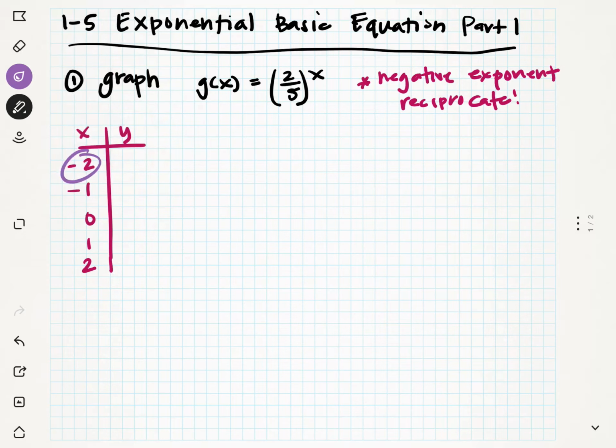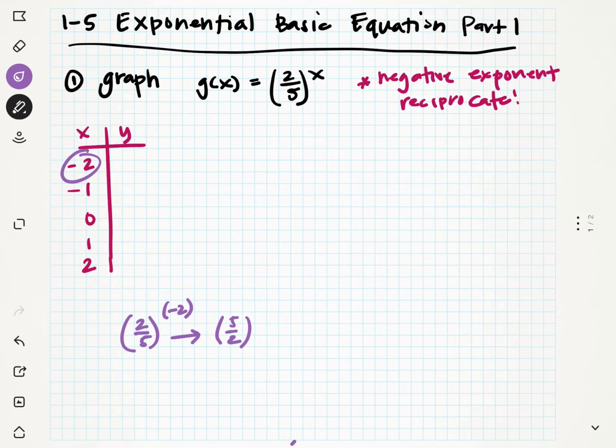So if we're looking at the -2 here, then we're going to do 2/5 to the -2. So the negative means we're going to reciprocate. We're going to flip the 2/5. It's going to become 5/2.